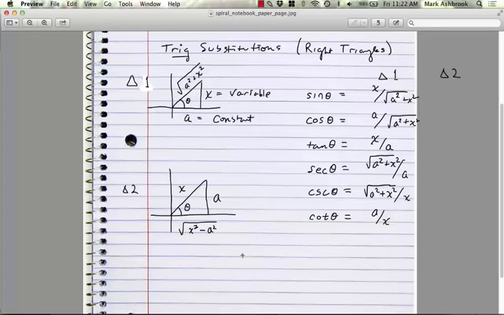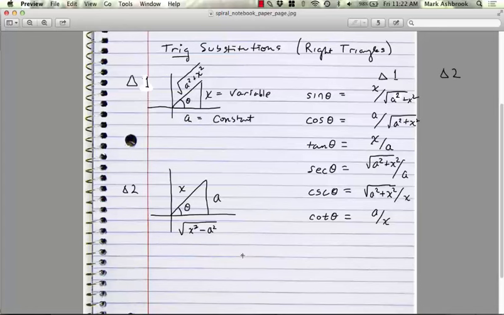And what would cosecant be? Shana, what would cosecant be in the second triangle? x over a. What is cosecant?